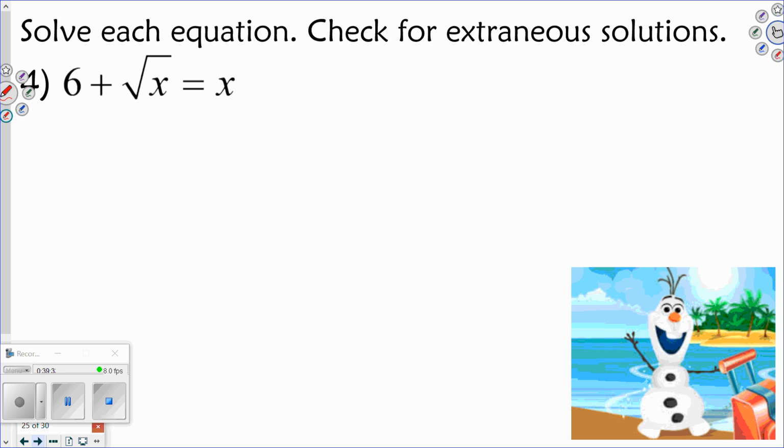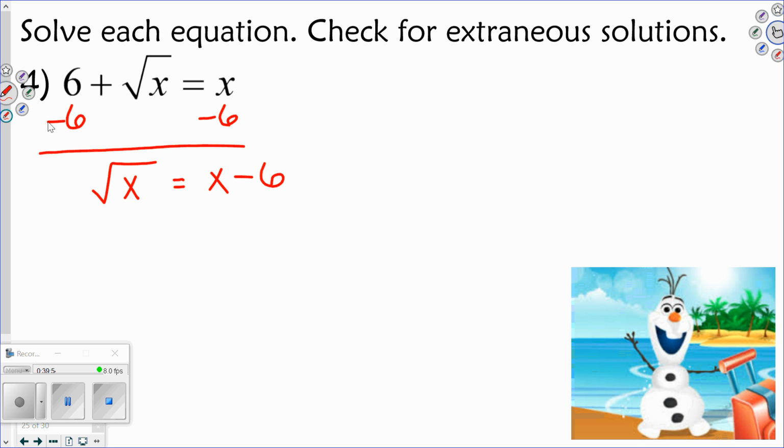Let's look at number 4. What do you do there? Subtract the 6? Yeah, I jumped. Sorry, I'm jumping problems on you. So we get the square root of x equals x minus 6. I have to square it.